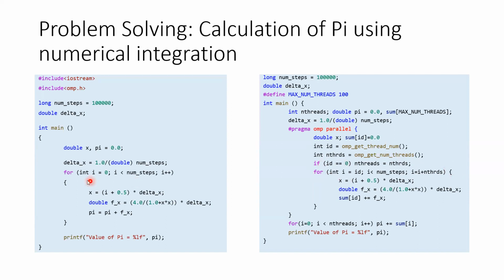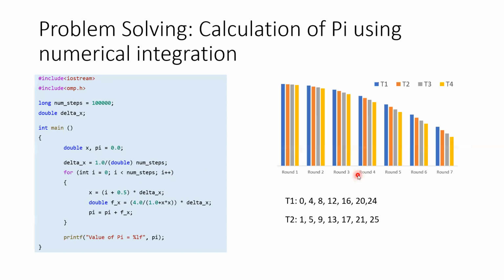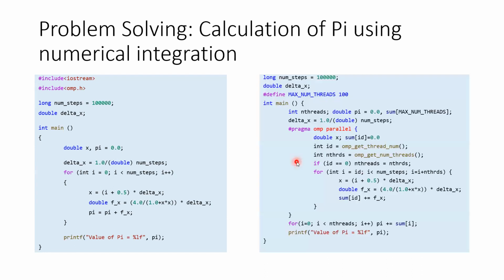For example, we were having from 0 to number of steps and incrementing by 1. Instead of that, we will be starting from your thread ID. So if you are 0, start from 0, thread 1 will start from 1, say thread 3 will start from 3. And then you run one iteration and fetch the next iteration by adding the number of threads. Number of threads means say 4, 0 plus 4, 4. So this loop is getting incremented by that offset instead of plus plus.